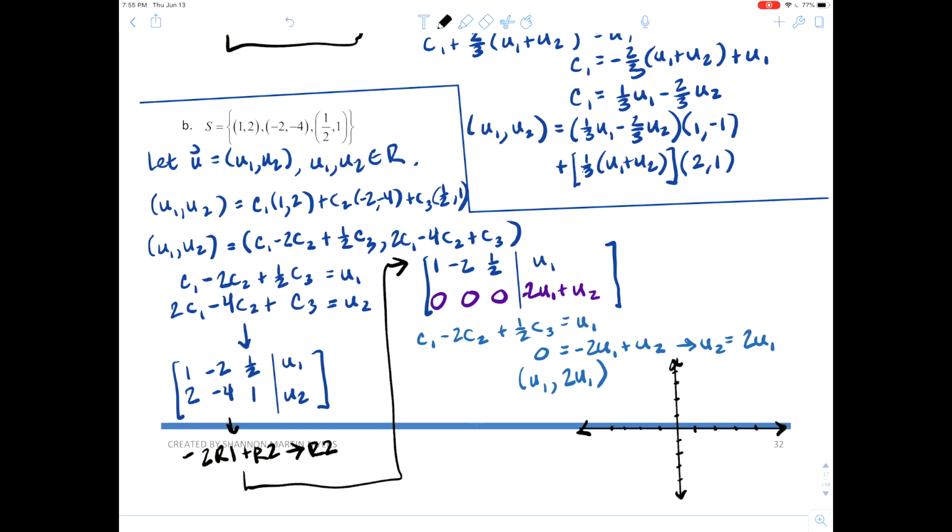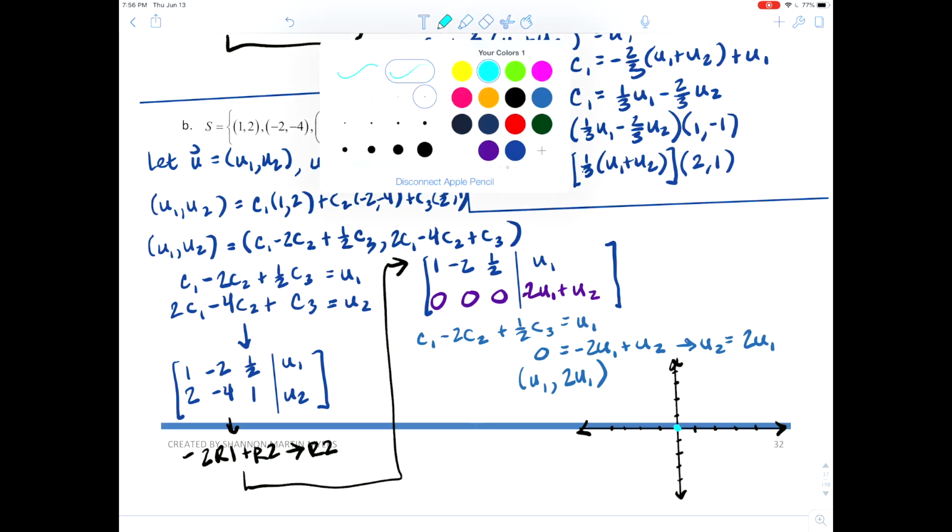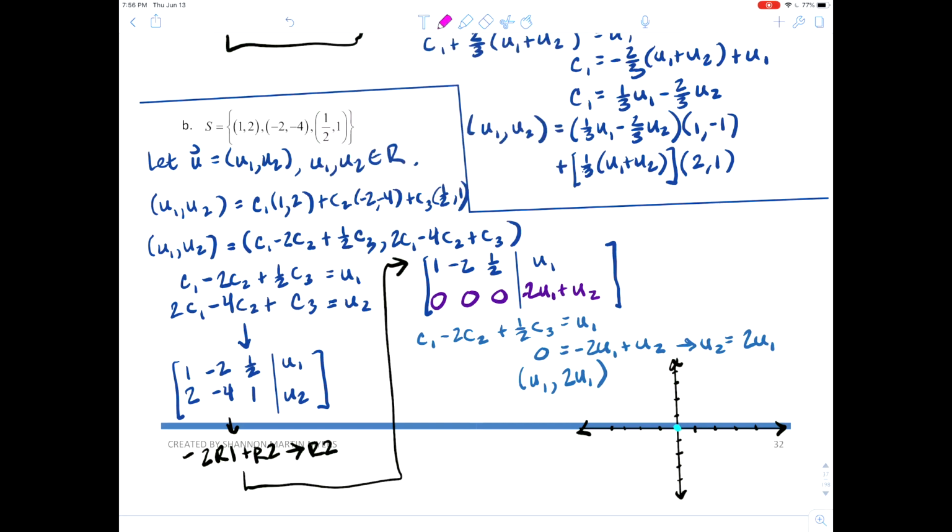And so if we wanted to take a look, if U1 was 0, you'd be at 0, 0, right? What about if U1 was 2? You'd be at 2, 4, right? So you'd have this vector. What if U1 was -1? You'd be at -2 down here.